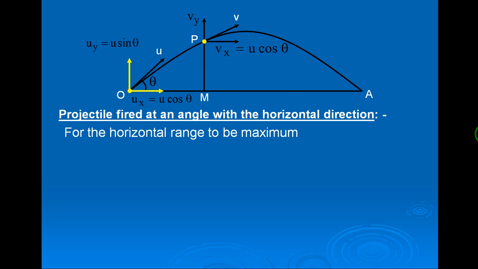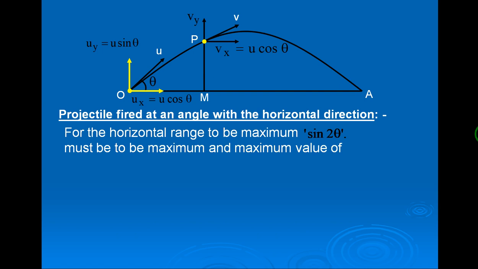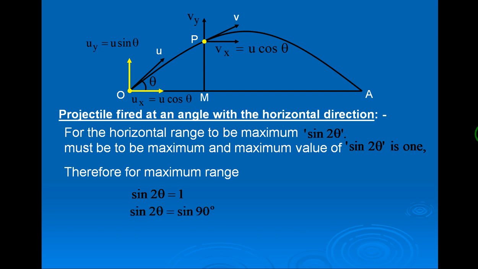For the horizontal range to be maximum, sin 2 theta must be maximum, and the maximum value of sin 2 theta is 1. Therefore, for maximum range for a given velocity of projection, sin 2 theta is equal to 1, or sin 2 theta is equal to sin 90 degree.